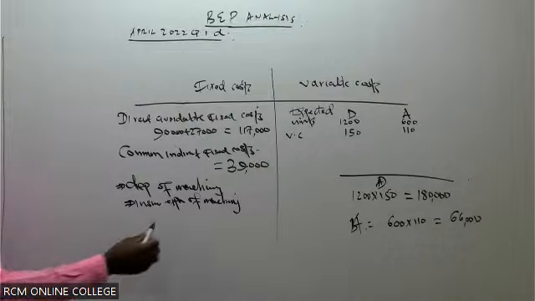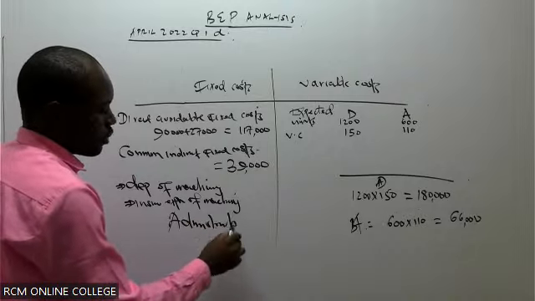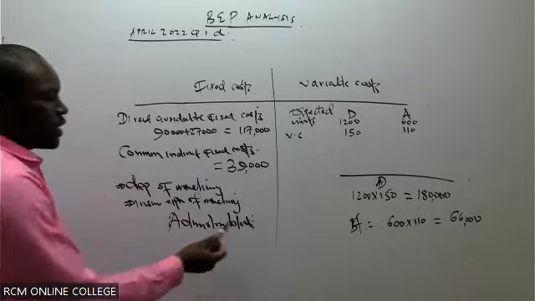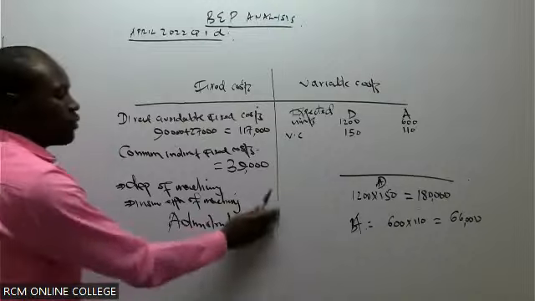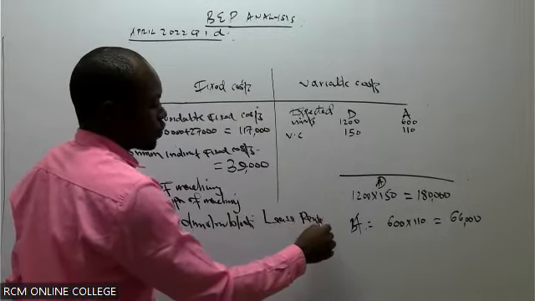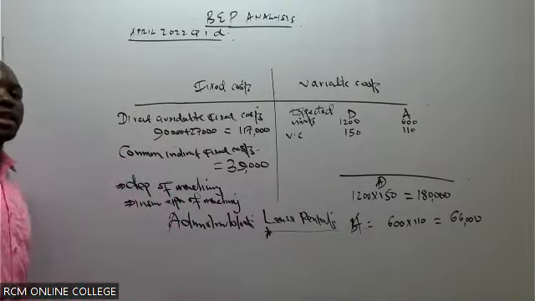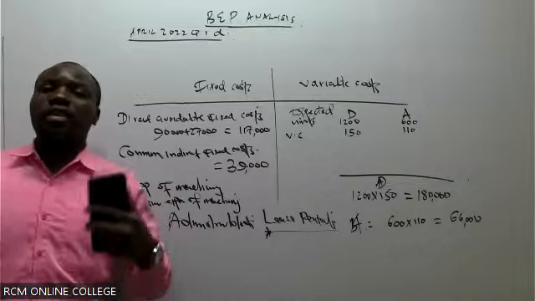How about you have now administrative block, where this building has been leased and the company is paying what we call lease rentals. Is it? This lease rental here is basically for the building that is hosting the offices of the company.